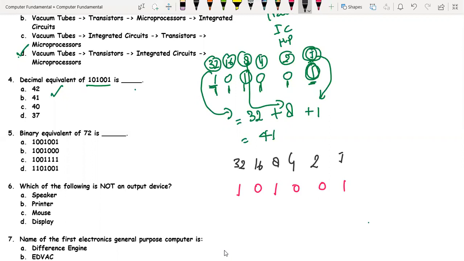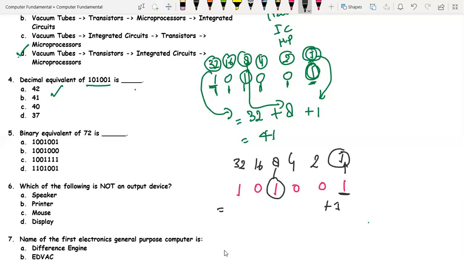So each place has its own value. How do we convert this to decimal? Here is the one. What is the corresponding value on the top? 1. Put it here. What is the next one?